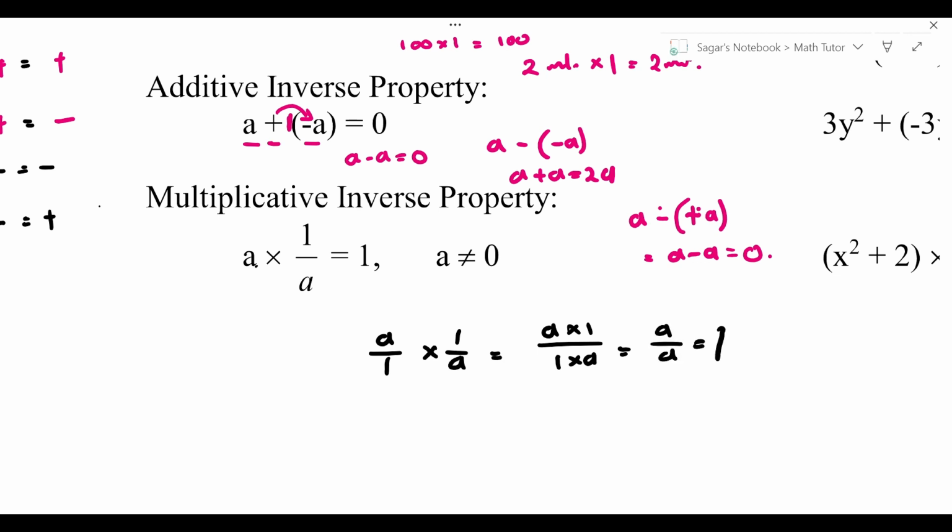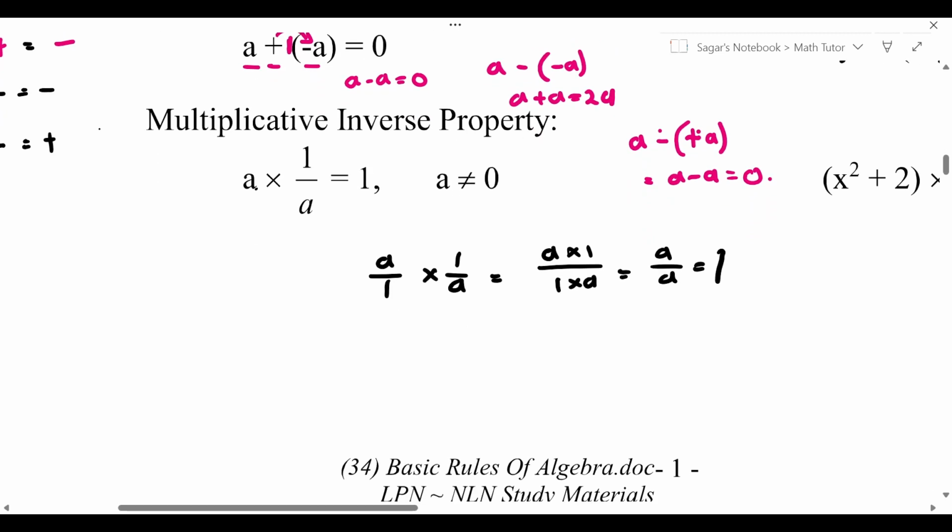Or we can look at it in this way. We can have A multiplied by 1 all over A. We don't have to make the denominators the same because it's multiplication, right?